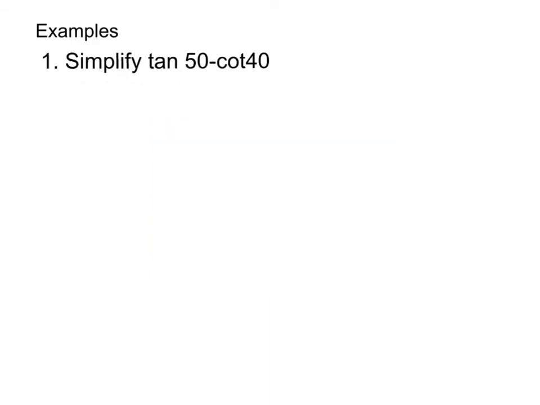We use those results to answer these questions. Now, the first question is simplify tan 50 degrees minus cot 40 degrees. Alright, so using the results from above, we can either change tan into terms of cot or cot into terms of tan.